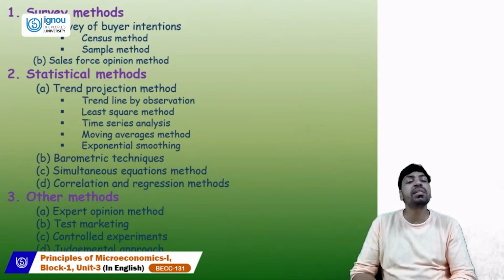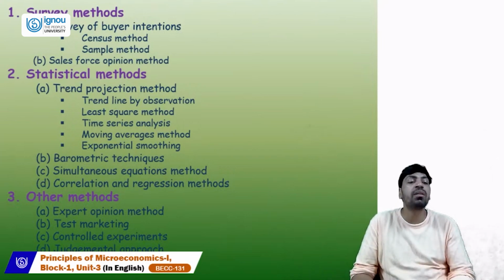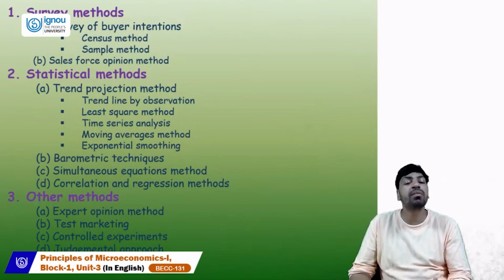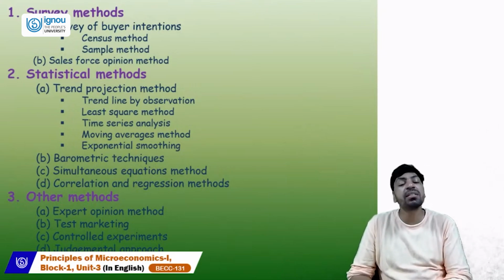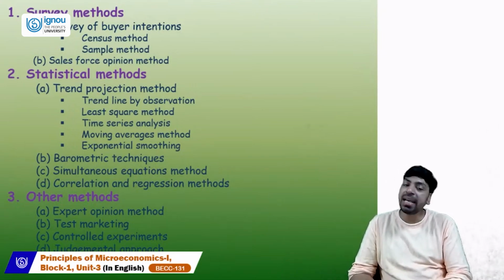The next one is the simultaneous equations method. When we talk about the trend equation method and the least square equations method, these two methods are used where two particular variables are involved. Let's say a and b. We can take an equation: y is equal to a plus b x, x is equal to a plus b y.